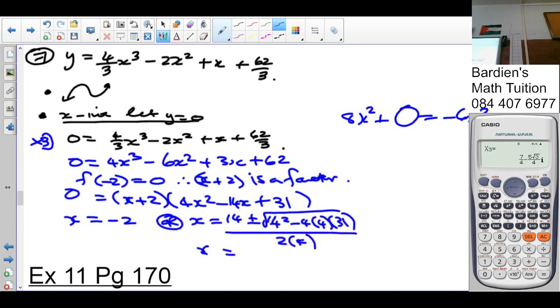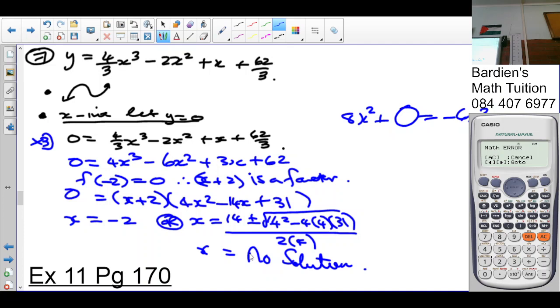If you work this out, this trinomial does not factorize. No solution on the side here, which means that is our only root, our only x-intercept. You guys understand?